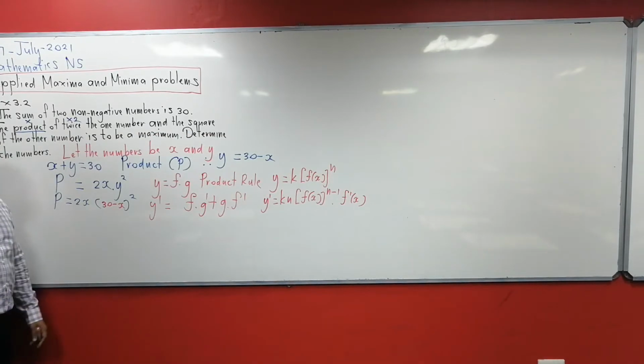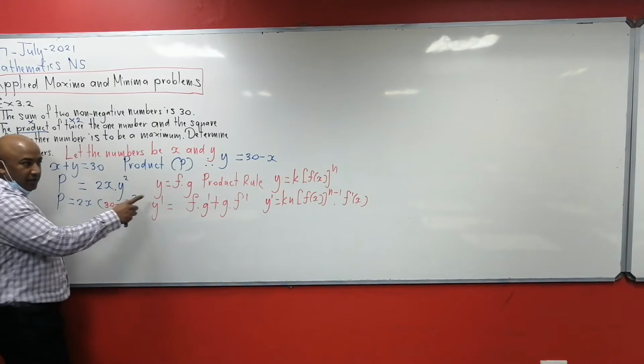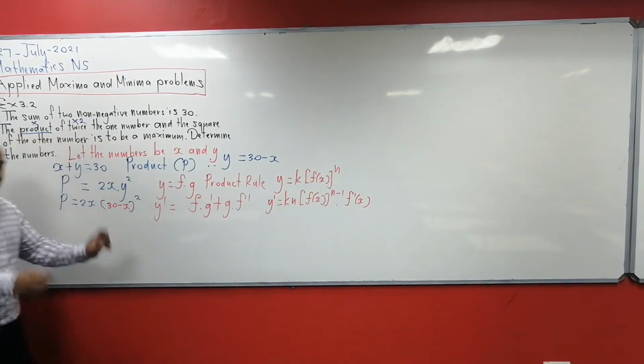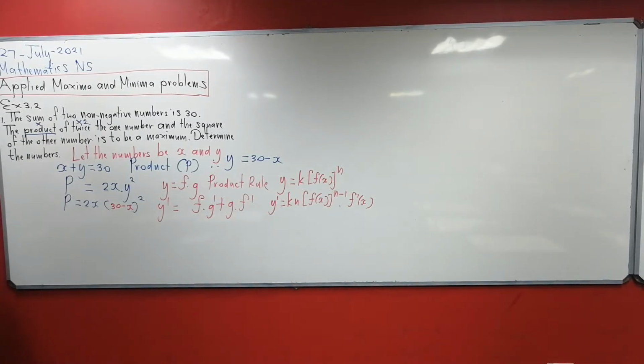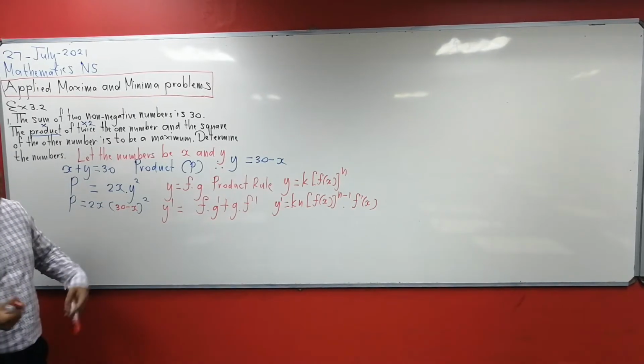So why am I showing you the chain rule? Because we have a power here, which is 2 there. So I'm going to be using the chain rule when I differentiate this. But when I look at the whole problem, it's multiplication. So now let's see what is the difference between working it out this way compared to the other way.